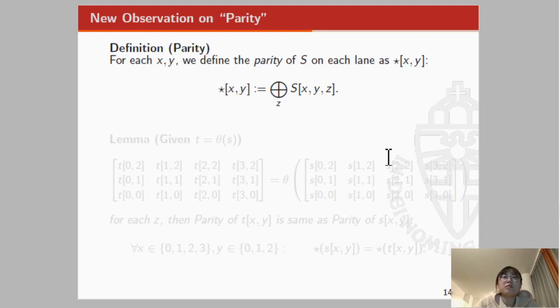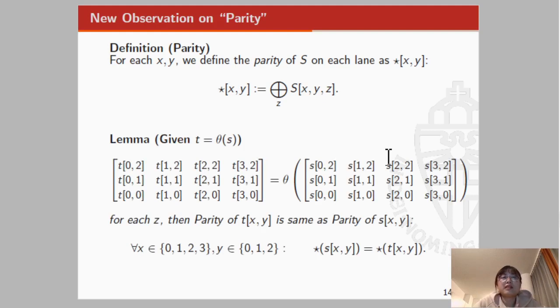First, we introduce a new definition about parity. A parity on one line is the sum of 32 bits in the line.